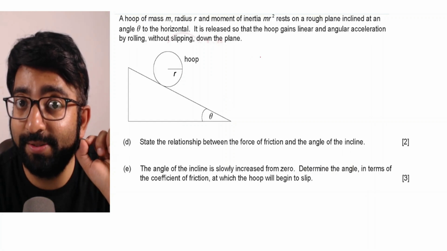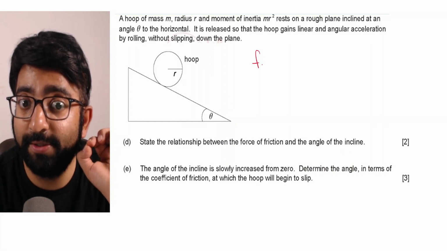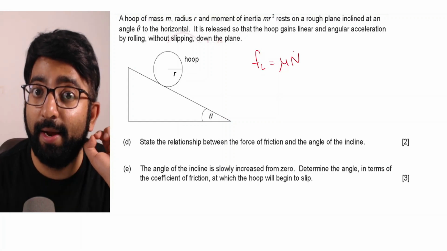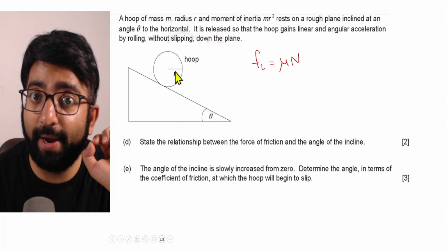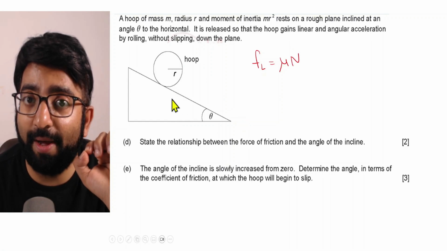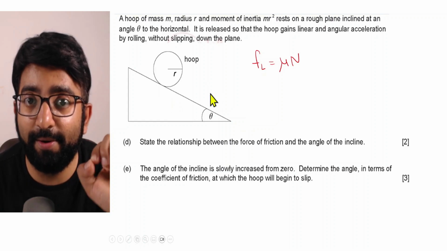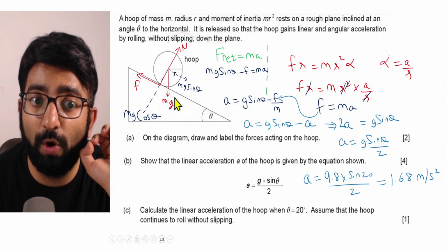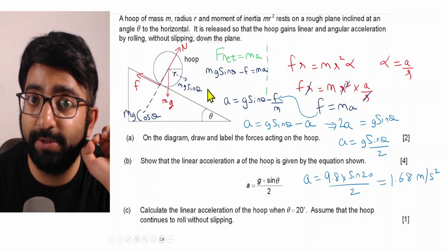We just now discussed that the maximum value of friction, which is called limiting friction, is equal to mu times the normal reaction. And what will be the value of normal reaction acting on the sphere? For that, we'll have to go back to the free body diagram of the sphere which we had drawn earlier, which is this. As you can see, mg was broken down into two components, mg cos theta and mg sin theta.